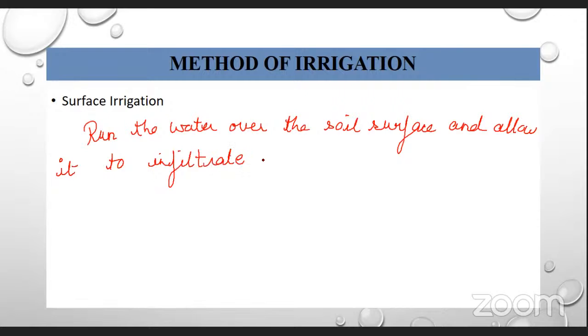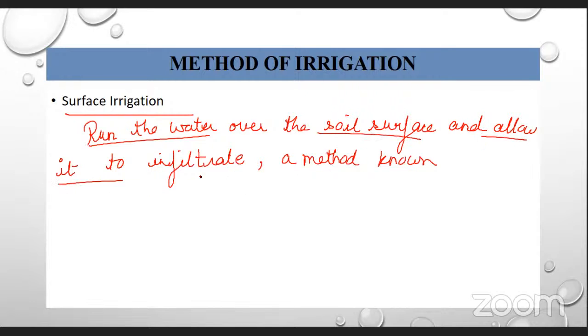This method is known as surface irrigation. Over here, we are running the water over the soil surface and then allowing that water to infiltrate. This form can also be asked in your exam: the irrigation in which we run the water over the soil surface and then allow it to infiltrate is known as surface irrigation.